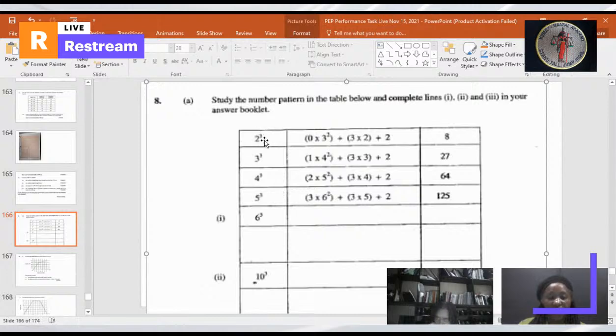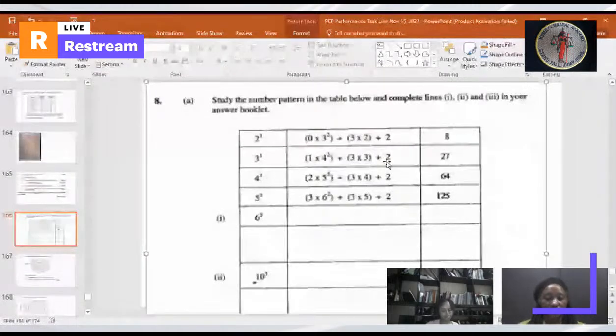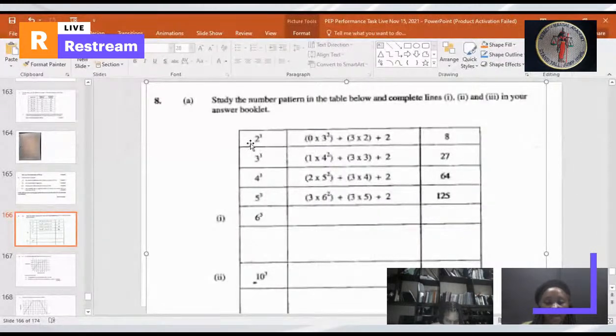So in terms of the 2, what's happening to these numbers? In terms of the 3, what's happening to these numbers? So what I mean by that, 2, right? That's the base. We have a 0 here, which is 2 minus what? The 0 is 2 minus 2.